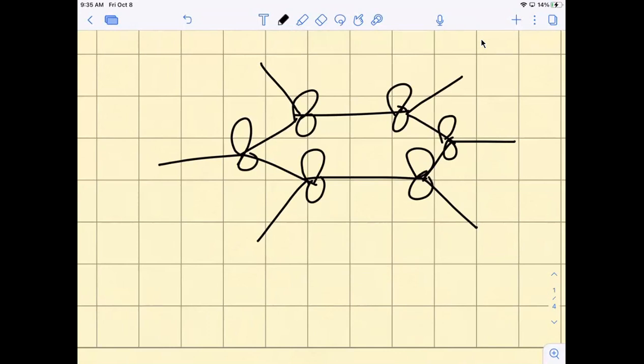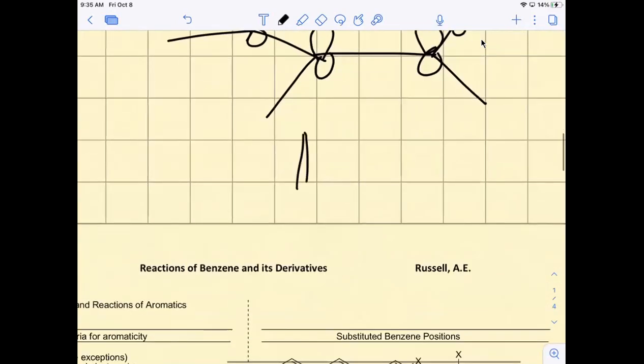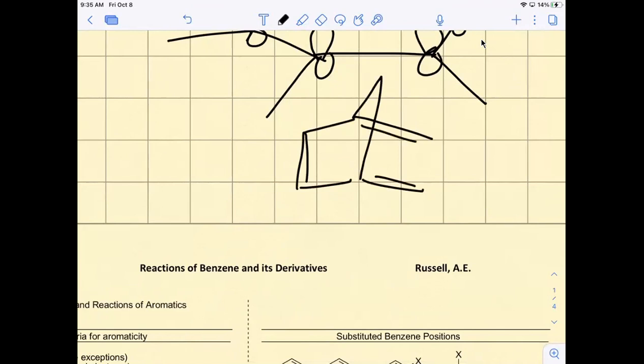If there's a bridge, then there's potential for that bridge to disrupt the aromaticity by not allowing for p orbitals to overlap. So we do something like this. Here, another one here. I need another one here. Something like that.